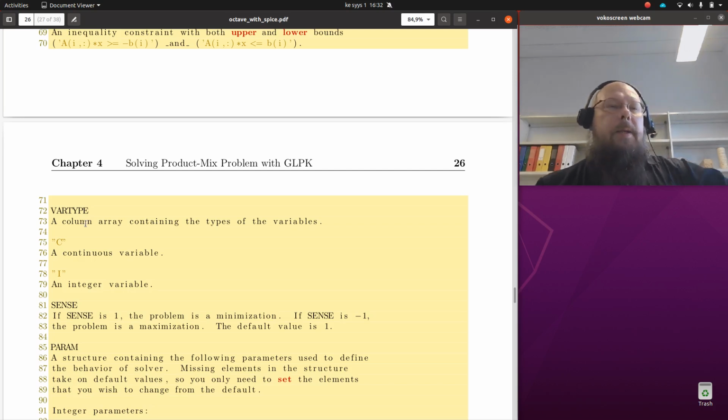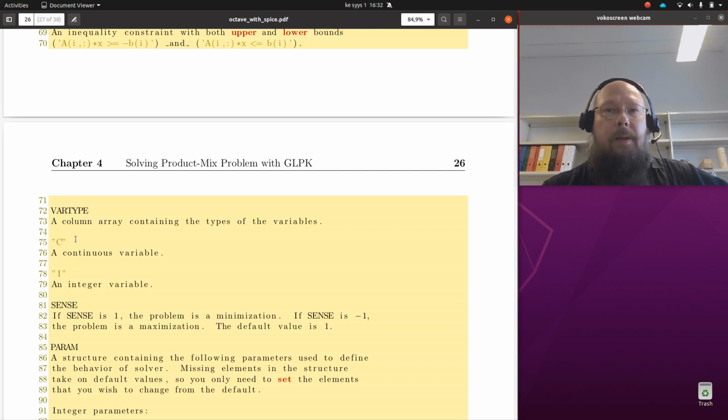Again, this is for each variable. We have 3 variables in our example. We have to say whether it's a continuous variable or an integer variable. This is a subtle point technically, but for this course we will choose C. Everything is continuous for us.